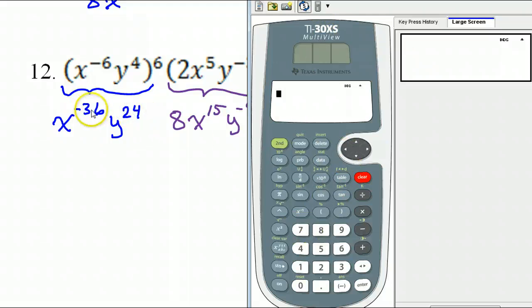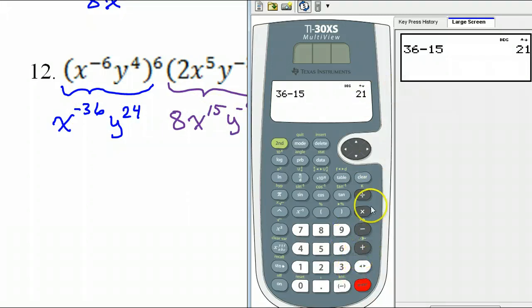You know that if I want to do negative 36 plus 15, when those signs are different, you're basically subtracting. So in your 4-function calculator, you could simply do 36 minus 15. Okay, so you know they're 21 apart. But who's going to win, the negatives or the positives? The negatives are going to win because there's more of them. So it's really negative 21.